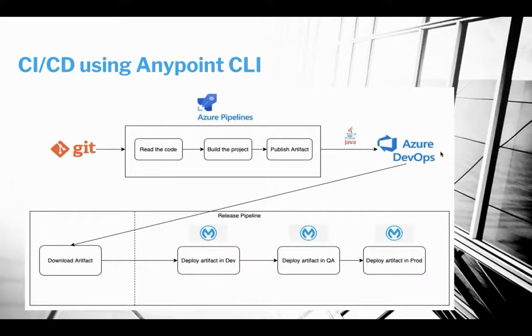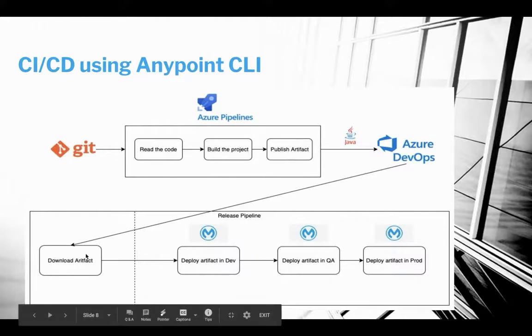This would be your first pipeline, the main pipeline. Now the release pipeline would download the artifact that was saved into DevOps, and deploy that artifact into various environments in MuleSoft using the CLI commands.